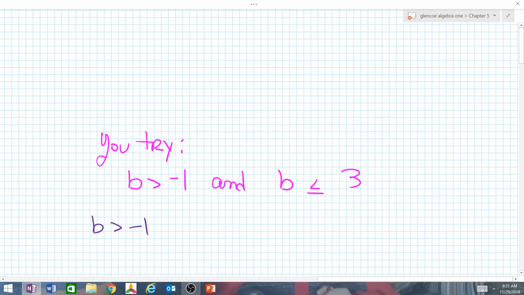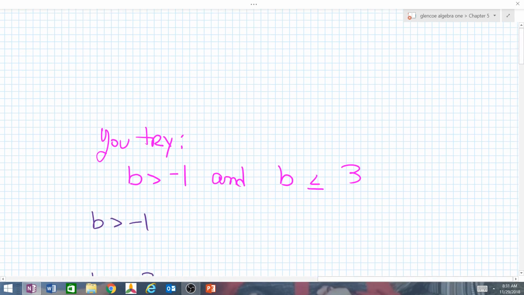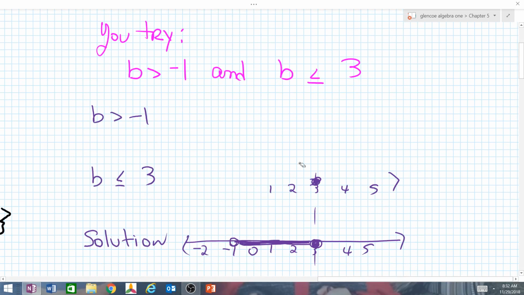B is greater than -1, and B is less than or equal to 3. Okay, everybody has that? B is greater than -1, and B is less than or equal to 3. Okay, so let's everybody go ahead and graph. Let me just get rid of the solution, and we'll graph these together.